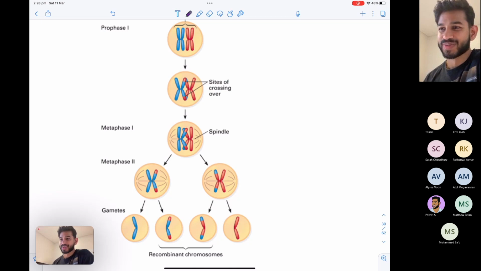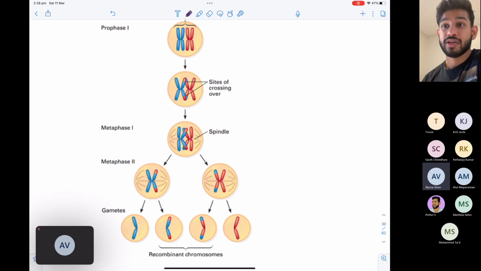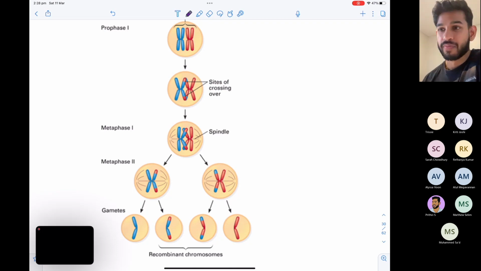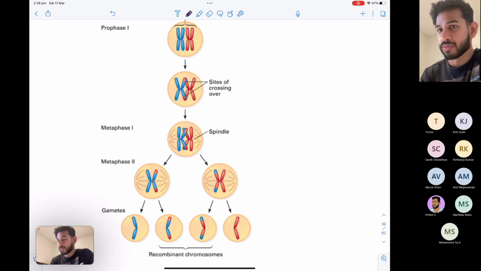Be confident in your answer. Alyssa, I'll help think her out. Is this modeling independent assortment? No. No, because there's no other homologous pair, right? Independent assortment is explaining the movement of two different homologous pairs. If you don't have two homologous pairs or more, you can't show independent assortment.